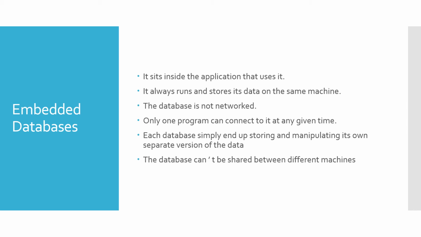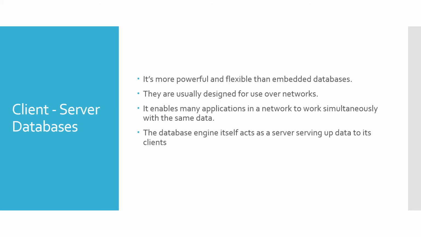Then we move to the next type of database available, client-server databases. Client-server databases are generally speaking more powerful and flexible than embedded databases. They are usually designed for use over networks, which enables many applications in a network to work simultaneously with the same data.